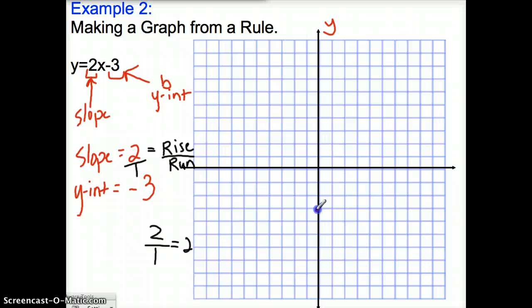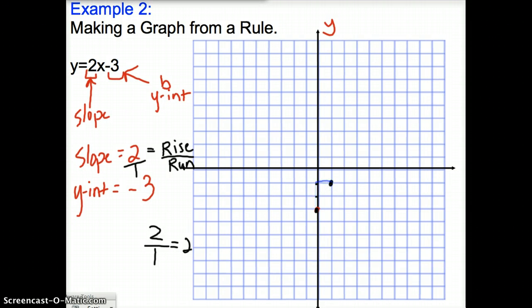I'm going to walk the slope. So I'm starting at negative 3, and I'm going to rise 2, 1, 2. I'm rising 2, and I'm going to go over 1. And that's where I'm going to be for my next point. Now I'm going to do it again. I'm going to keep rising 2, 1, 2, and going over 1.